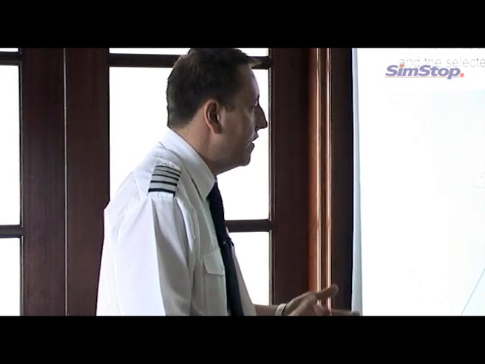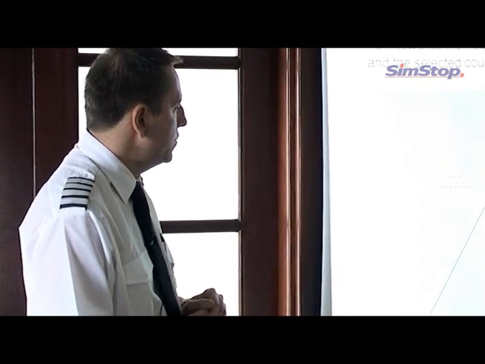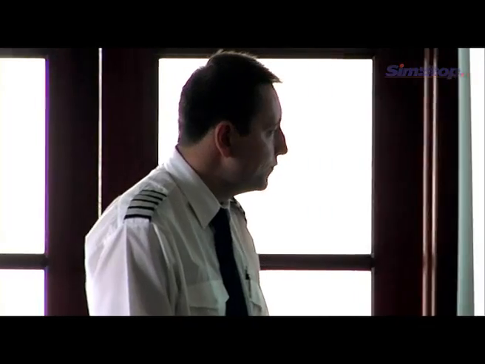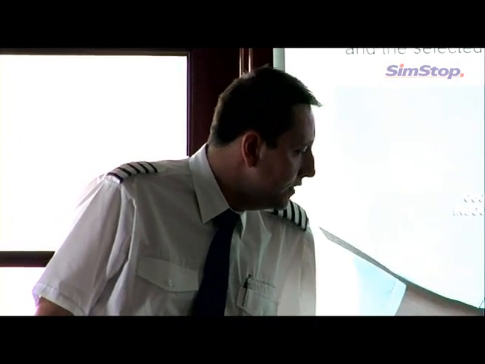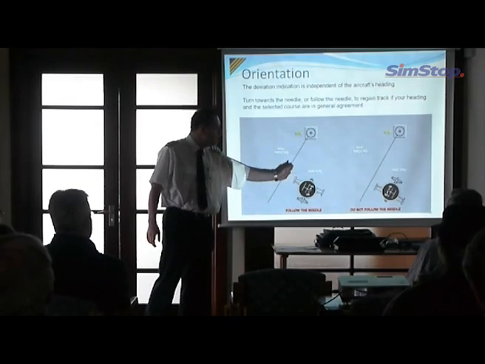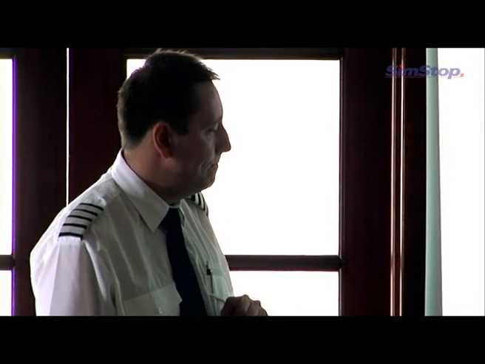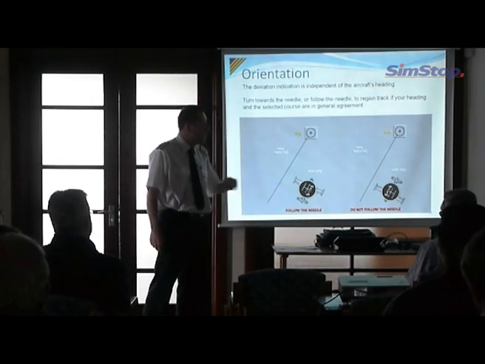We know it's independent of the aircraft's heading, but if we select under the index a course that's roughly equated to our heading, then we'll either get a to or from flag, and hopefully we'll see the deviation, that we're not too far away from it. But it will be a command instrument, and it will then give you a command, in this instance, to turn left back onto the inbound course which we've set of 060. So we can follow the needle. We have a 2 flag, it becomes a command instrument.